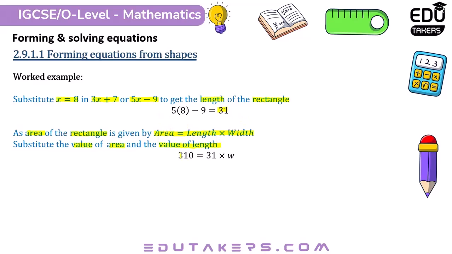Area is given, which is 310, and length is now 31 multiplied by width W. Solve for W. W equals 310 over 31. So W is equal to 10. Hence the result.